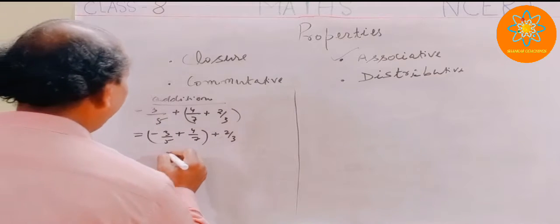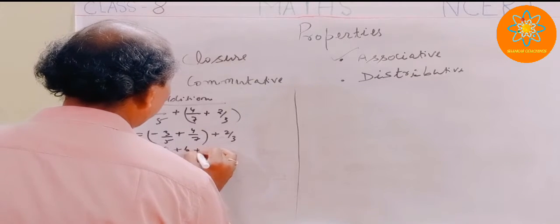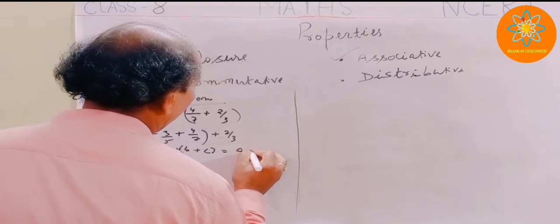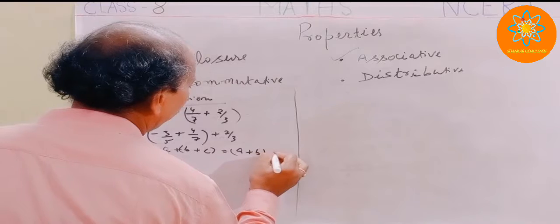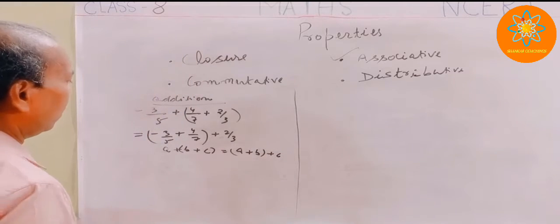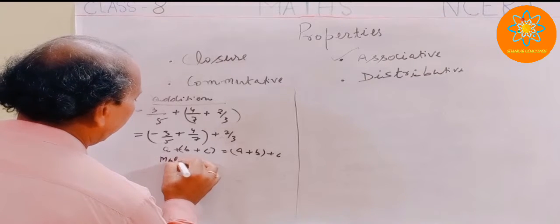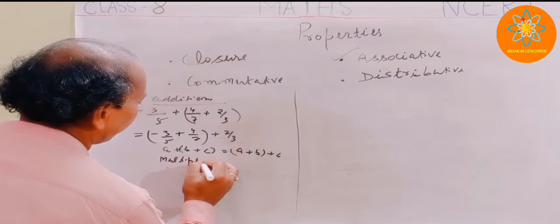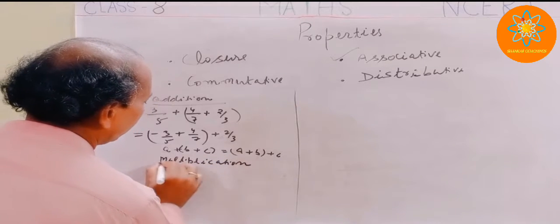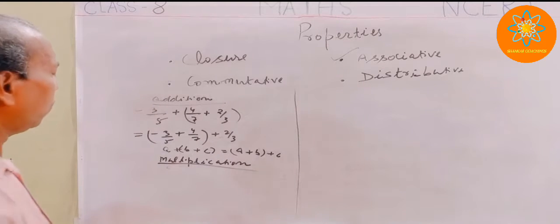So I can say in the general way, (A plus B) plus C is equal to A plus (B plus C). It's the case of addition. Now the next one is multiplication. Let's suppose I want to see whether the associative property is true or not in multiplication.